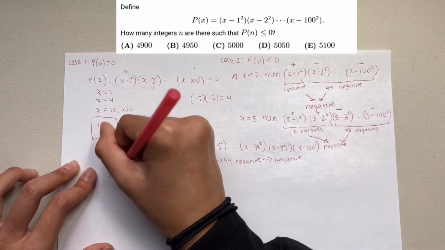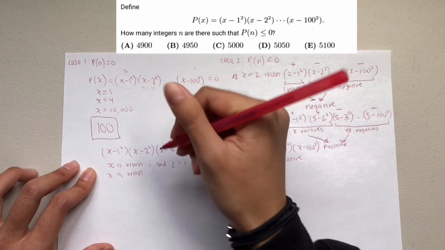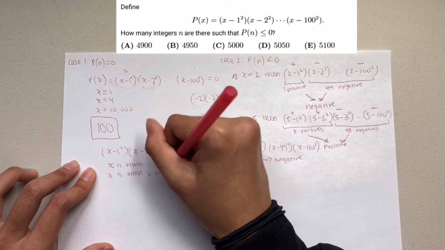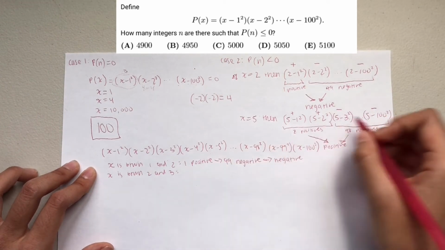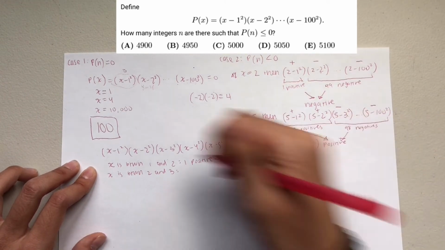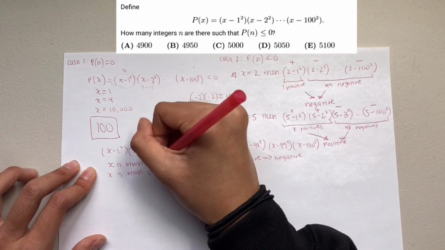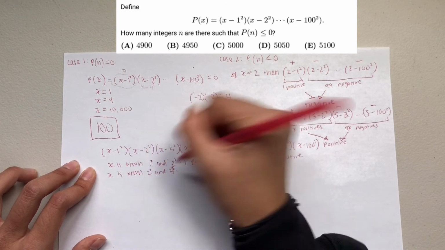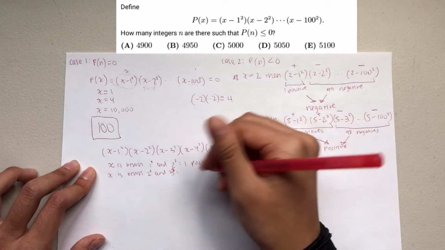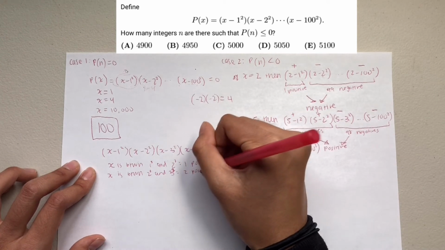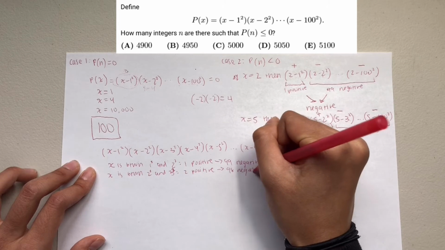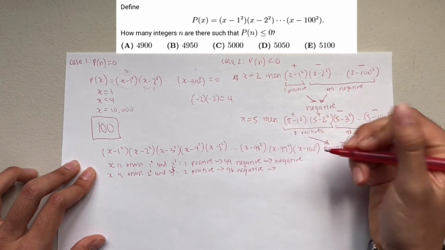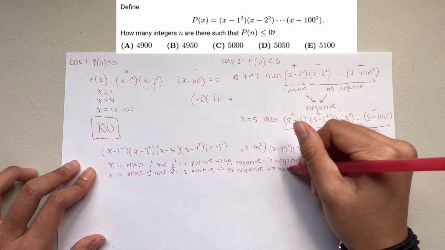Now if x is between 2 and 3, then there will be, as shown here, 1 squared and 2 squared, 2 squared and 3 squared. Then as shown here, there's going to be 2 positives, which means there are 98 negative, which means that the entire product is positive.